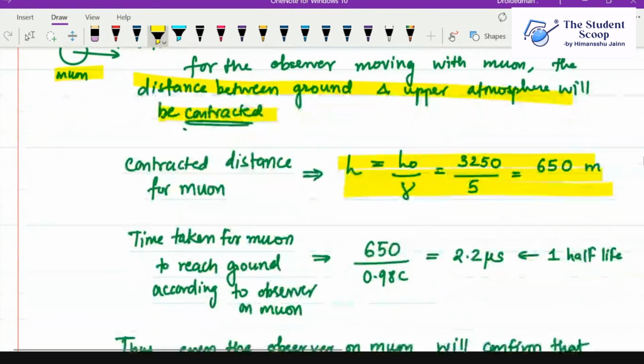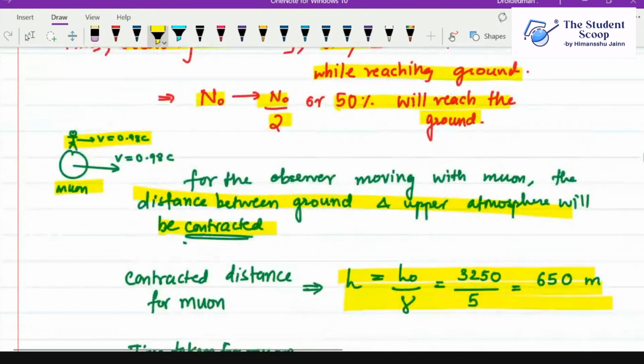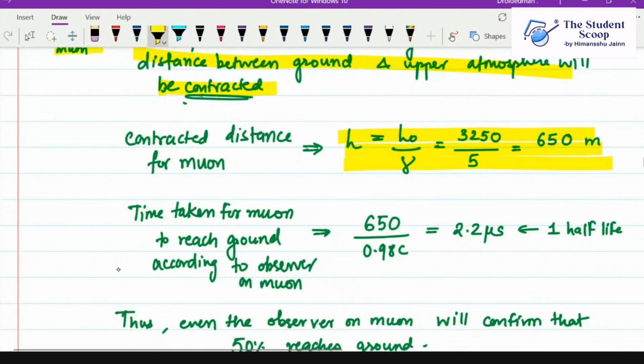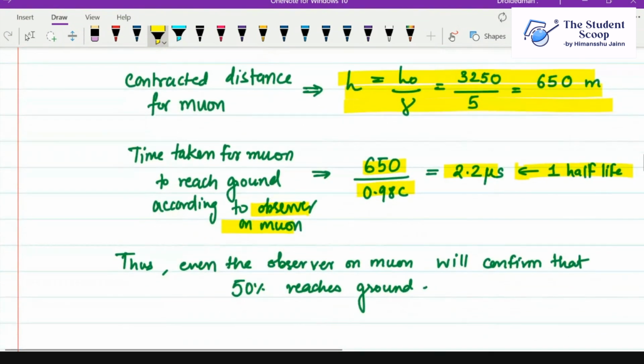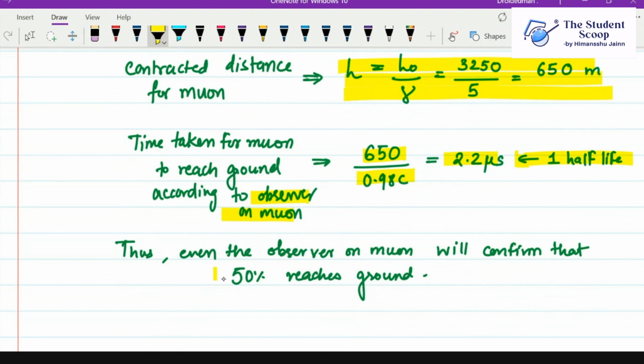Now, according to the observer on the muon, the time taken for the muon to reach the ground will be 650 over 0.98 c, which gives us 2.2 microseconds. This is again one half-life worth of time, and the same result comes: 50% will reach the ground.